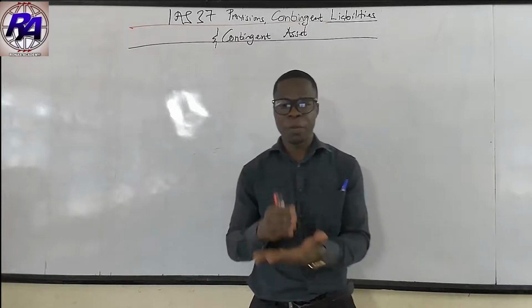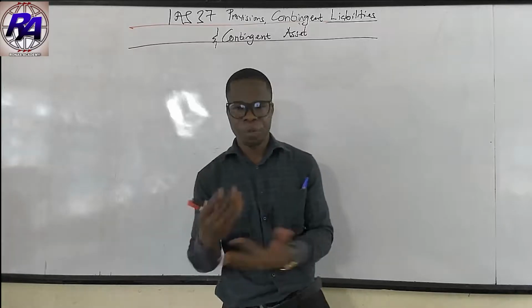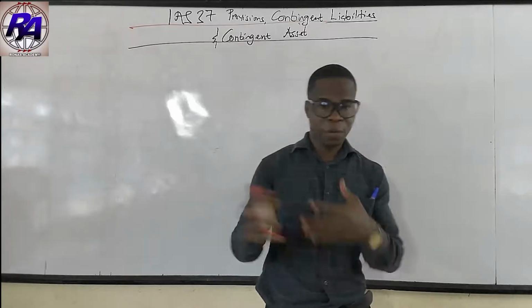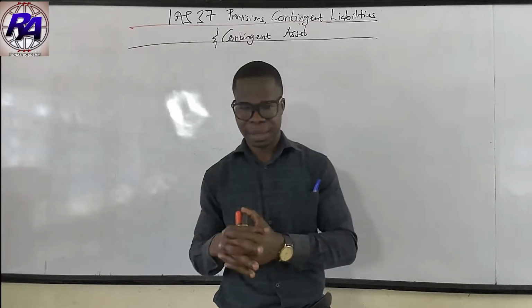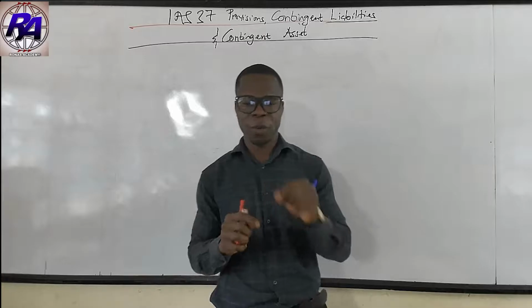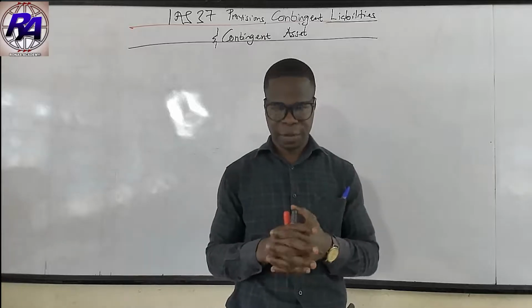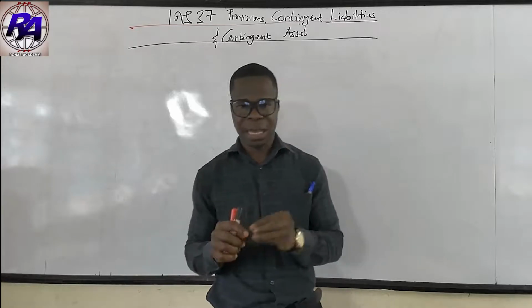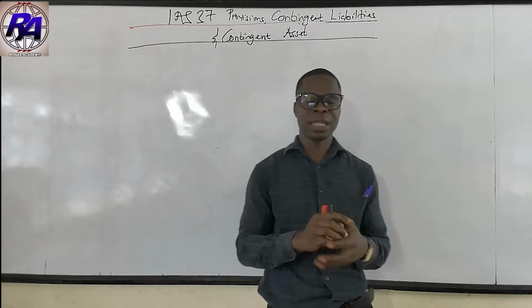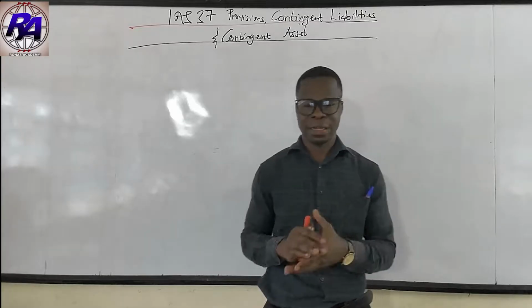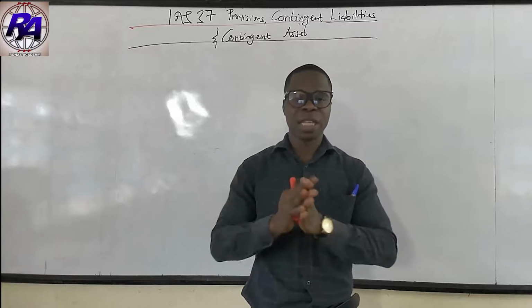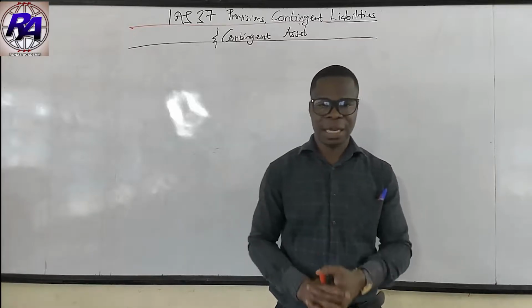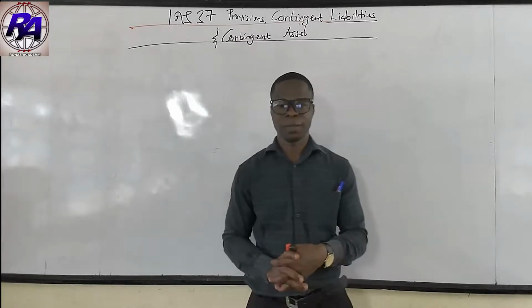Examples are provision for depreciation, provision for doubtful debt, and other provisions that we know. They are there to reduce an asset. Such provisions do not fall within the scope of IAS 37. And other provisions that are accounted for under any other accounting standard do not fall under IAS 37. Basically, we are just looking at what provision is under the standard IAS 37.